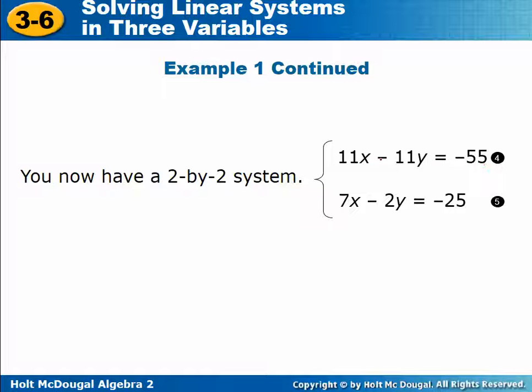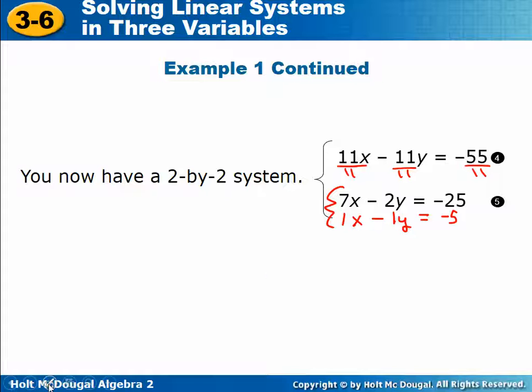I could divide this equation by 11. You can use the division property, as long as you divide both sides by the same number. That would result in a much simpler equation of 1x minus 1y equals negative 5. I'm going to work with these 2 equations instead.